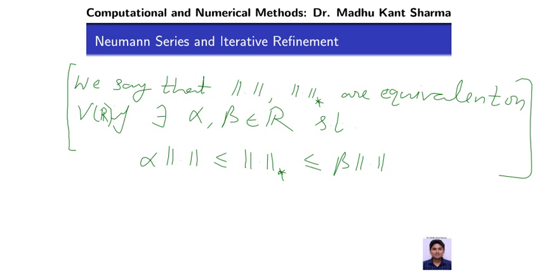Whether you say norm is equivalent to norm star or norm star is equivalent to norm, both are the same thing. So this is the definition of two norms being equivalent.